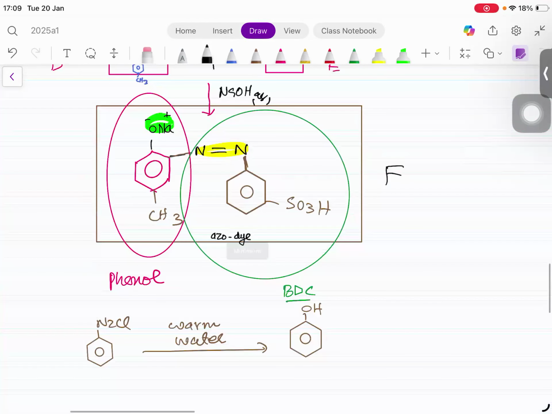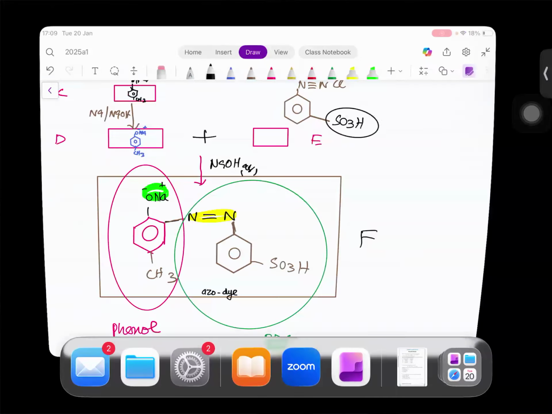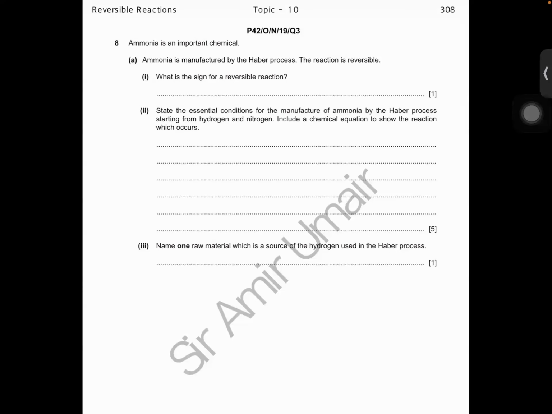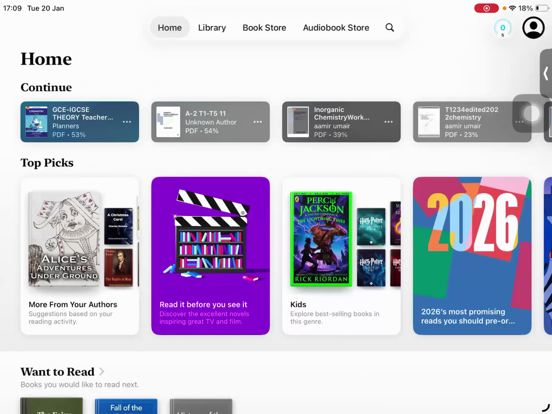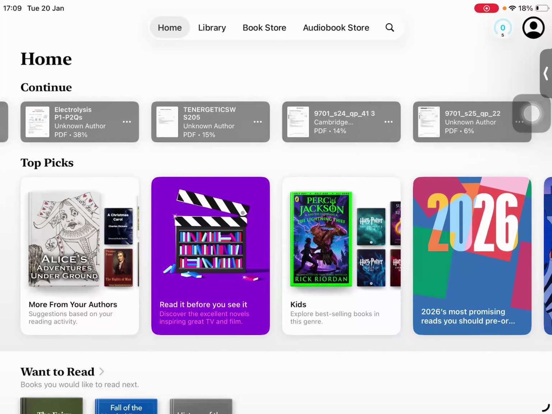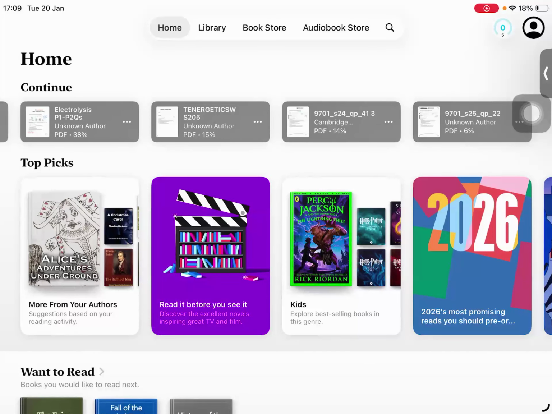So we're going to discuss the questions now because we have done benzene and its derivatives: benzene, methylbenzene, phenol, phenylamine. Now we're going to do some questions related to benzene and its derivatives.